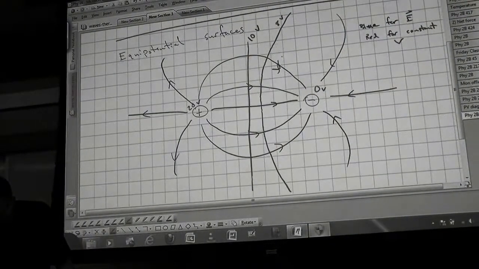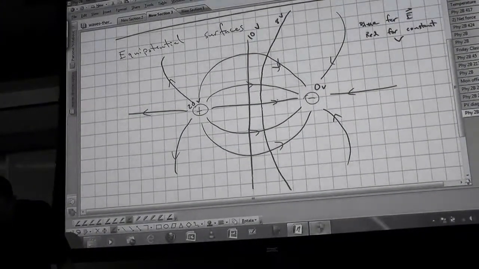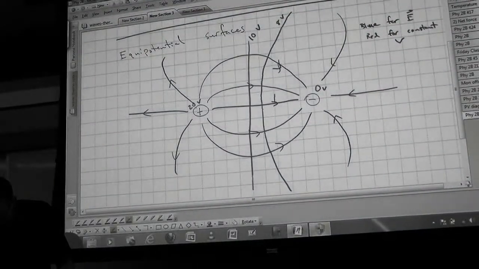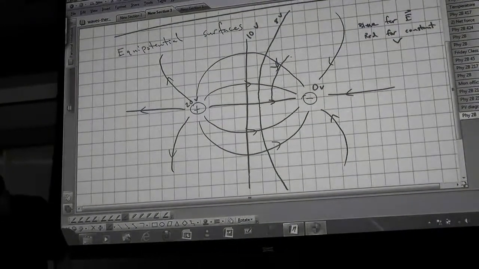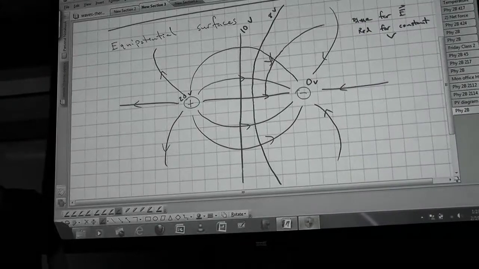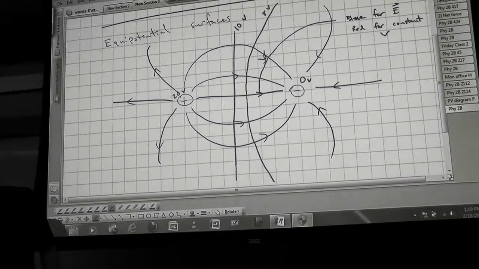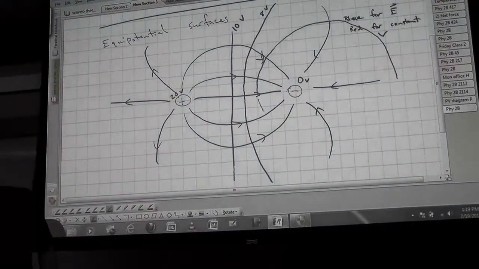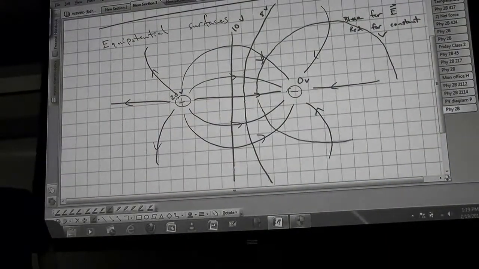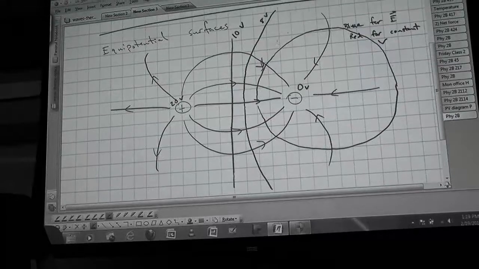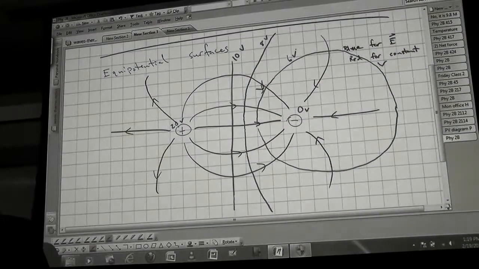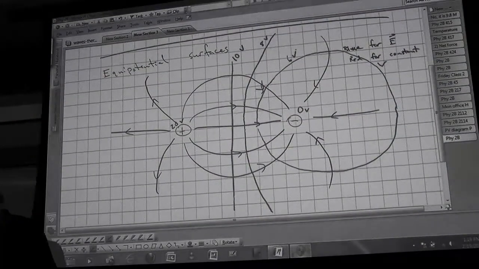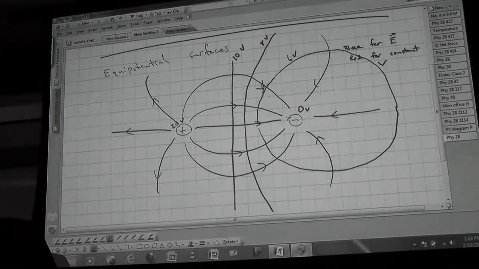Okay, so then there'd be another one in here, maybe 6 volts. Something like that. And you could keep going. I'll draw one more, maybe.